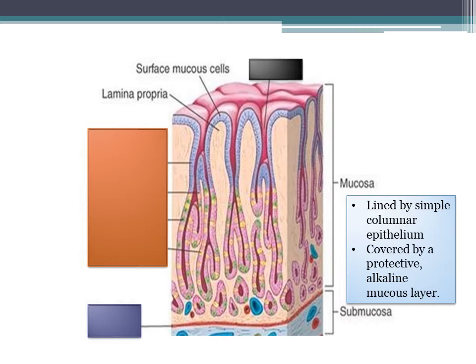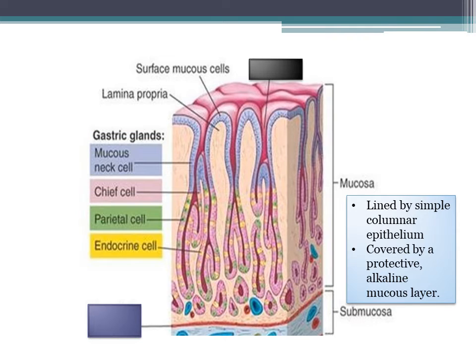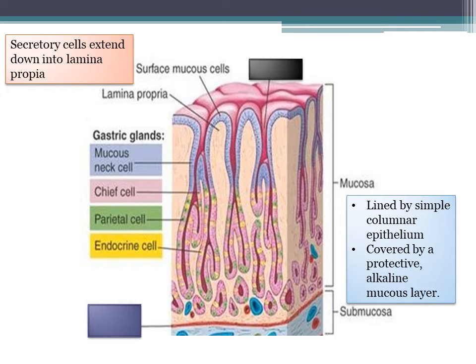The mucosa is lined by simple columnar epithelium and covered by a protective alkaline mucus layer. In the lamina propria regions, there are secretory cells that extend down into the lamina, which are called gastric glands.